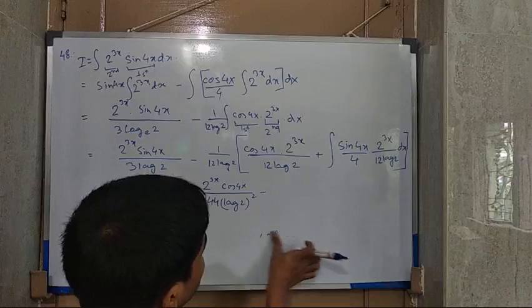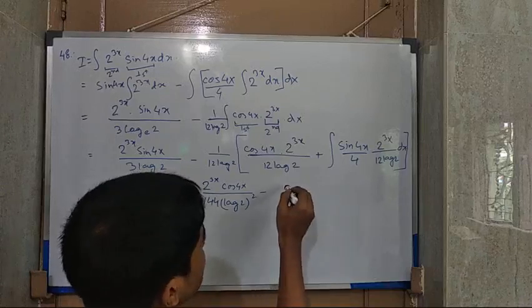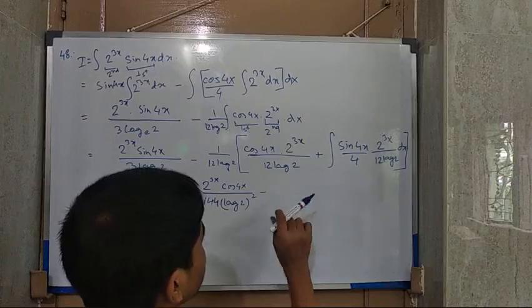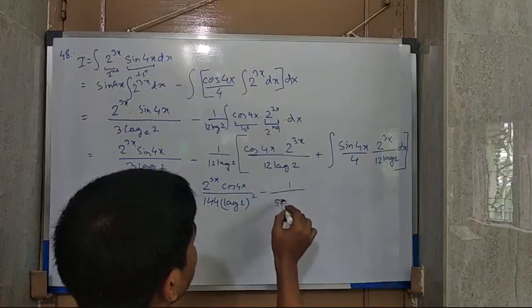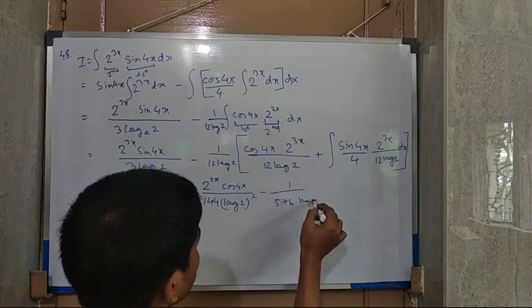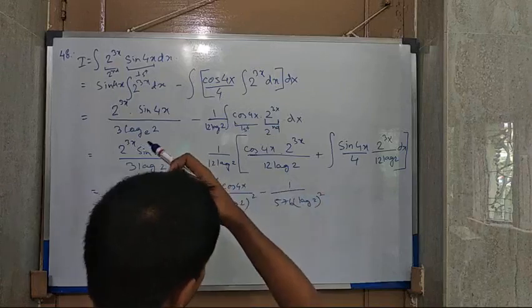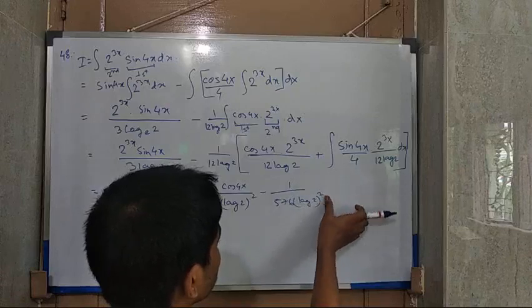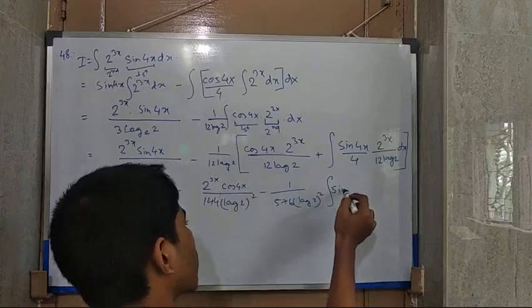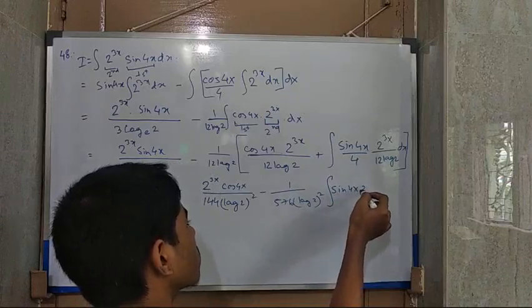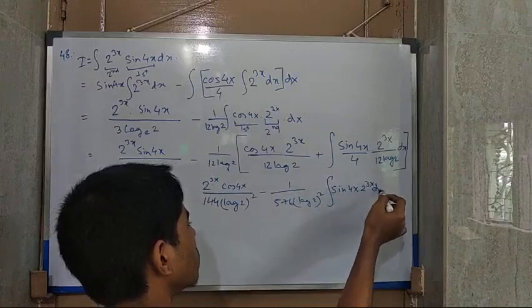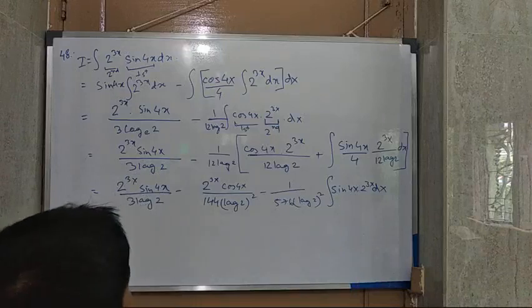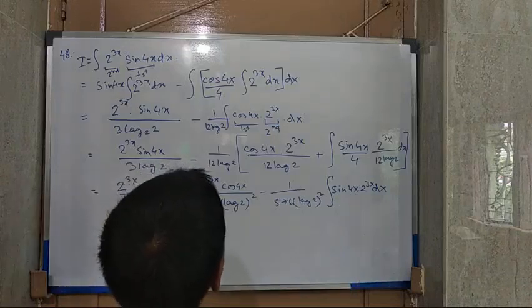So this is actually 576, integral of 1 by 576 log 2 square, integral of sine 4x times 2 to the power 3x dx. So I hope this is correct.